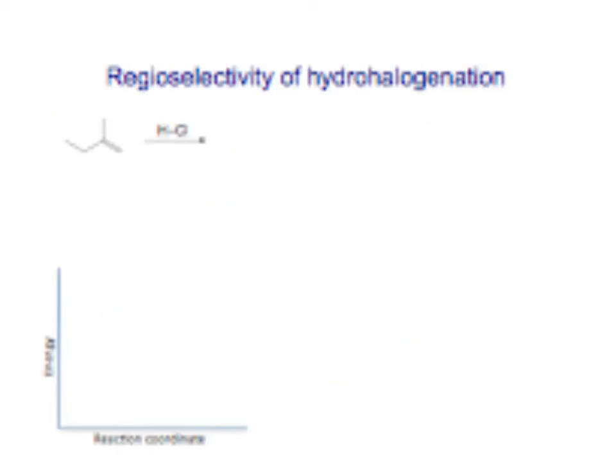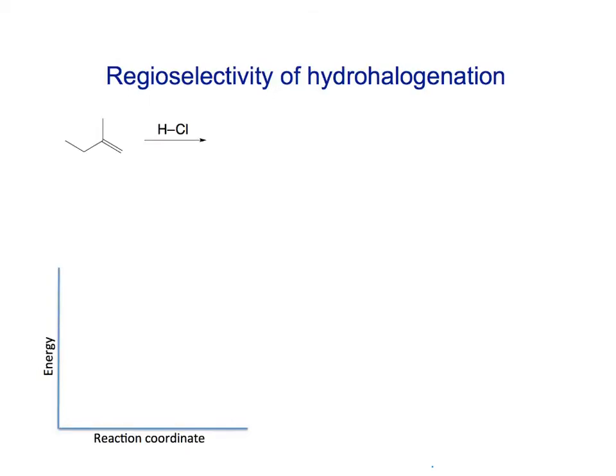If our alkene is unsymmetrical, meaning that it has different groups bonded to each end, we have the possibility of forming different products, of forming isomers.